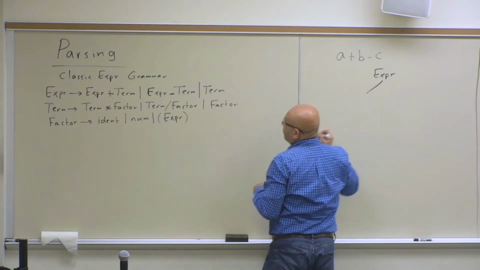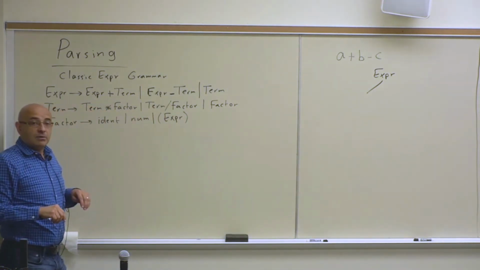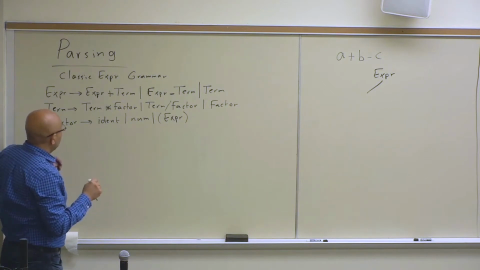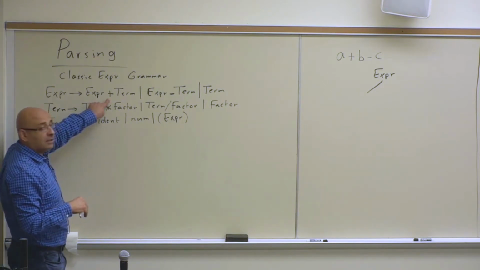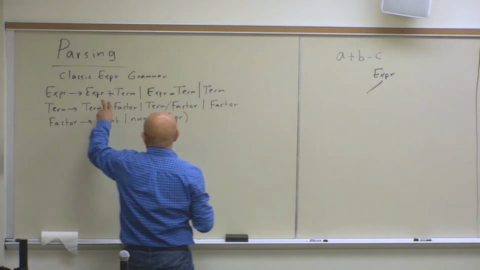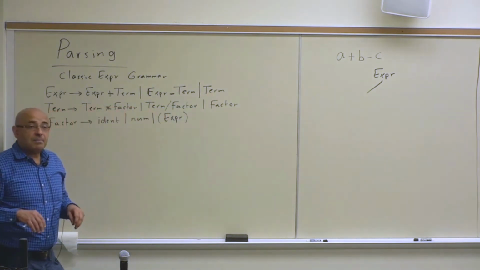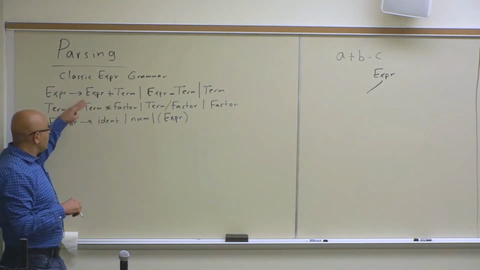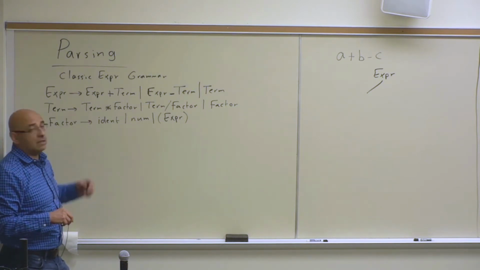Then we have to pick one of these substitutions, one of these rules or productions or alternatives: expression plus term, expression minus term, or term. And parsing is about selecting the right option. By inspection, what's the right option for this?